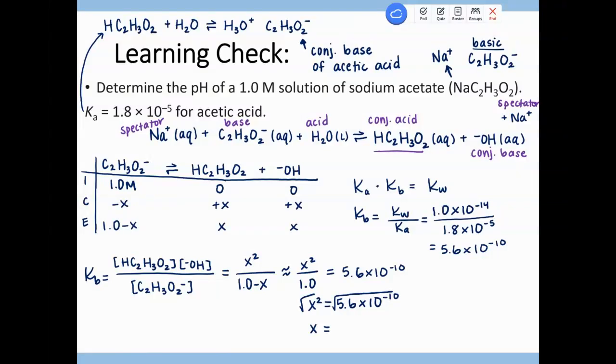X is 2.4 times 10 to the negative 5. And I need more room, so I have to add a slide here.